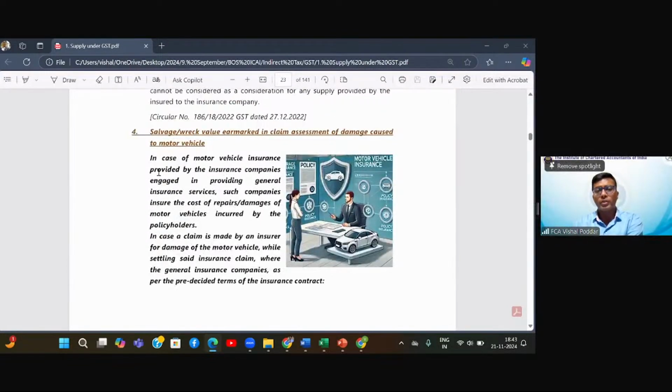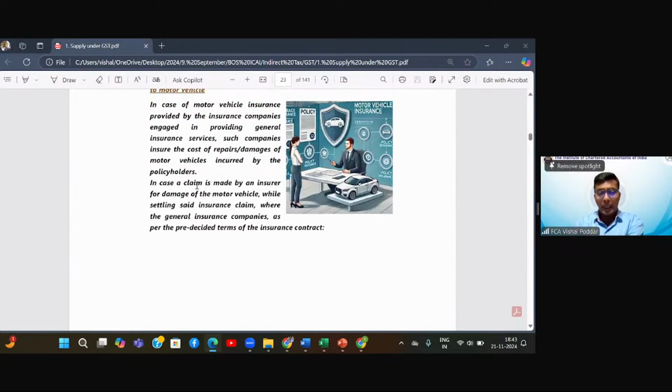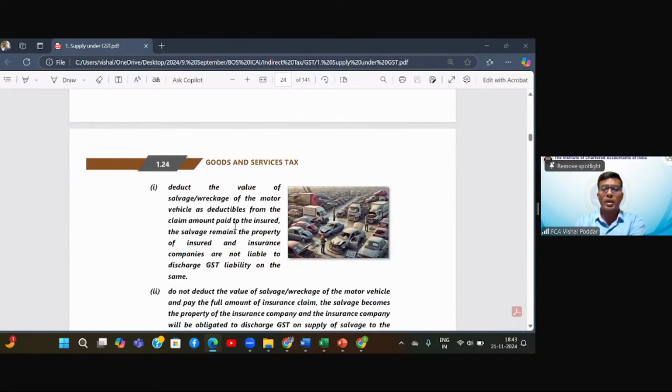In case of motor vehicle insurance provided by the insurance companies engaged in providing general insurance, such companies insure the cost of repairs and damages of motor vehicles insured by the policyholders. In case a claim is made by an insured for damage of the motor vehicle, while settling the said claim, the general insurance company, as per the pre-decided terms of the insurance contract, first deducts the value of salvage. So they will say that your claim is of 5 lakhs, but the car after damage is still in scrap form able to realize 20,000.